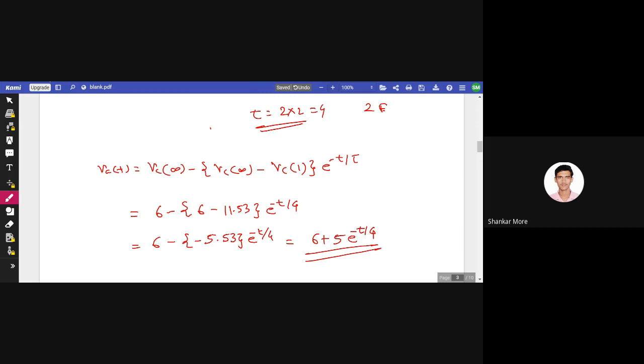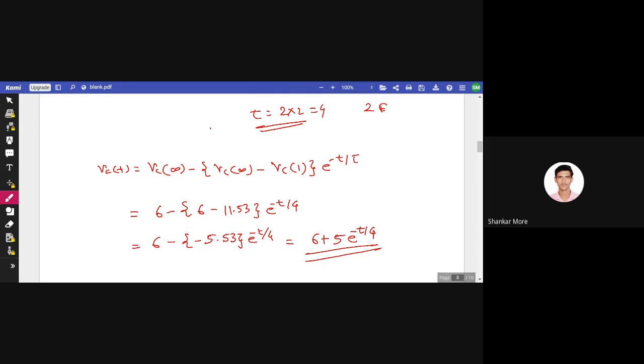Now this formula is applicable for what region? Can anybody tell? The first formula was applicable for 0 to 1, the value of t between 0 and 1. Now this formula is applicable for all the values which are greater than 1. Do you agree with me?